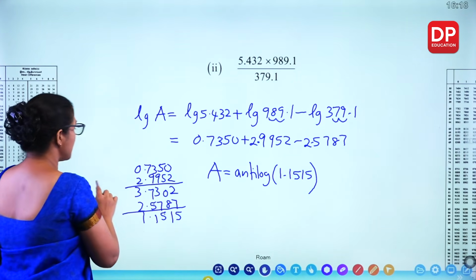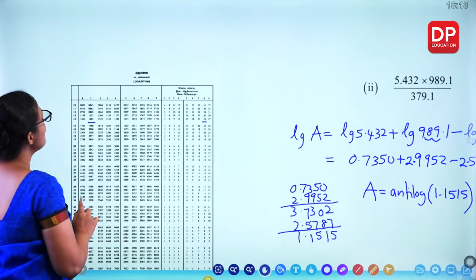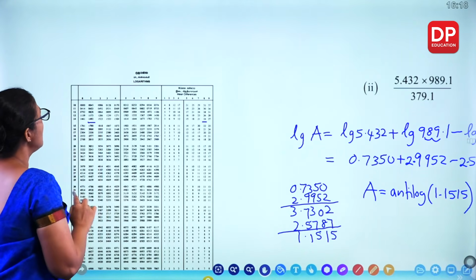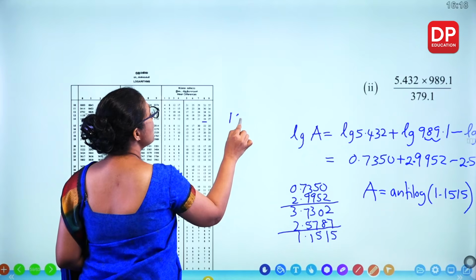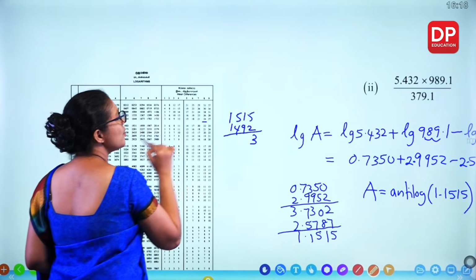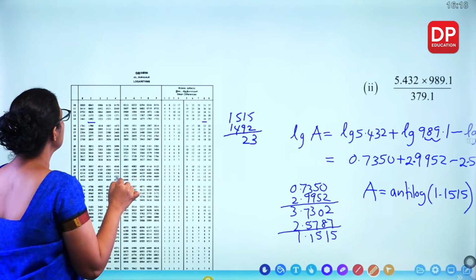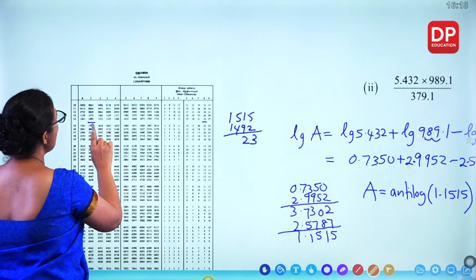15, 15. We'll look at the first table. 15, 15, 1492. When you subtract, you need another 23. 23 more.